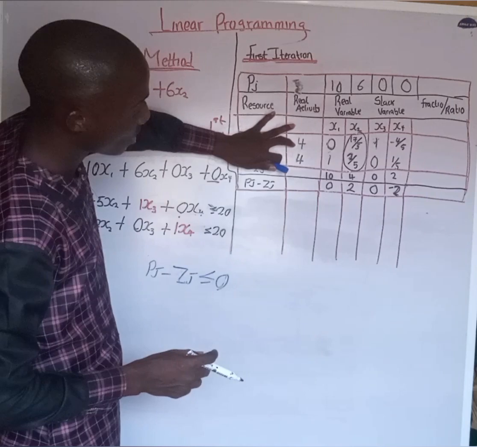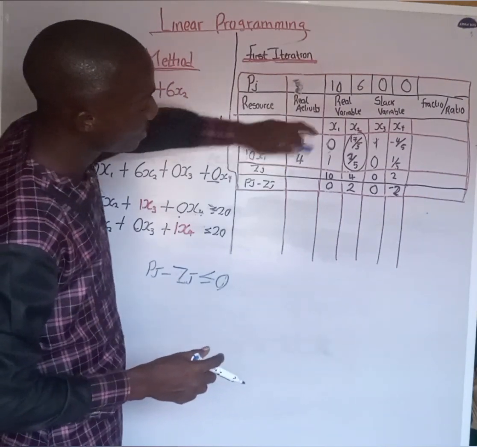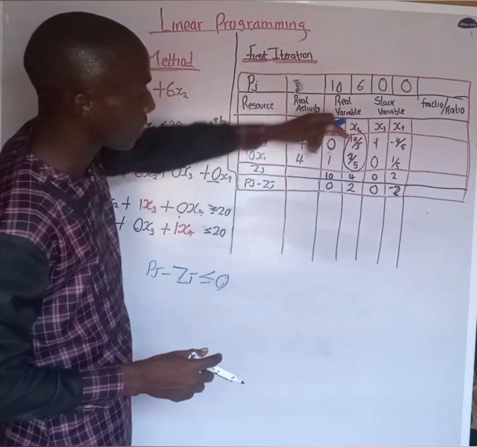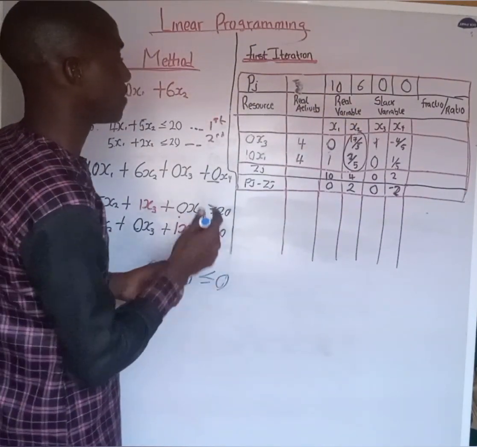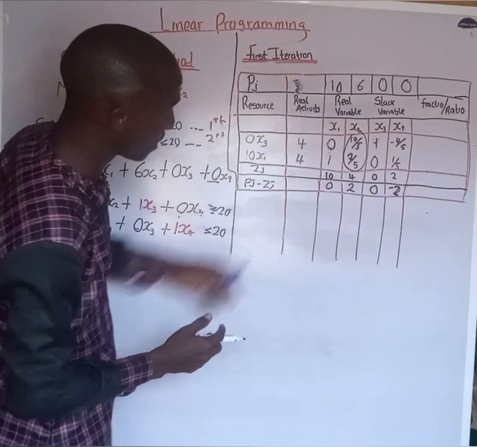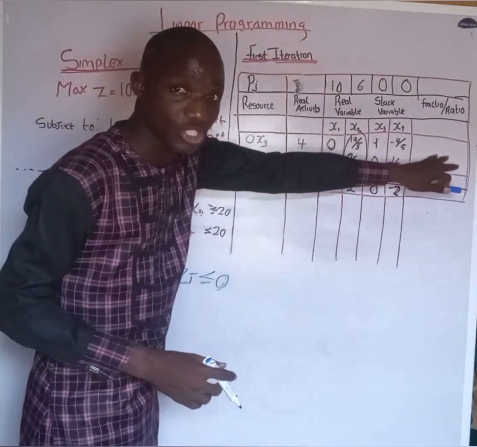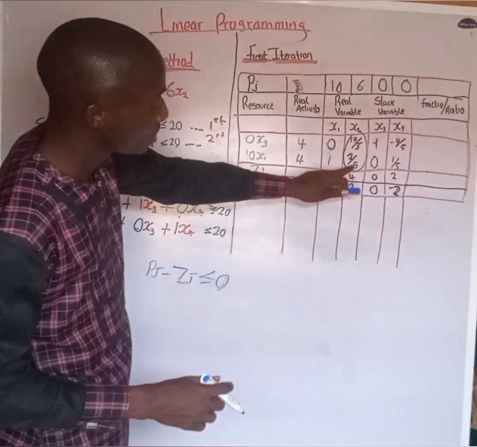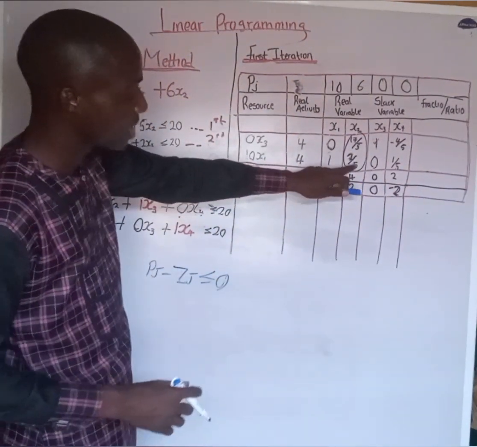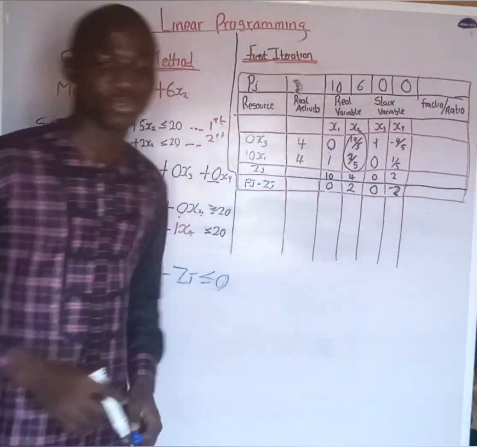If you check here, I have 4 here. So I'm going to divide 4 by 17/5. That will be the value I'm looking for. Then I will have another one, 4 divided by 2/5. Then I will have my ratios.